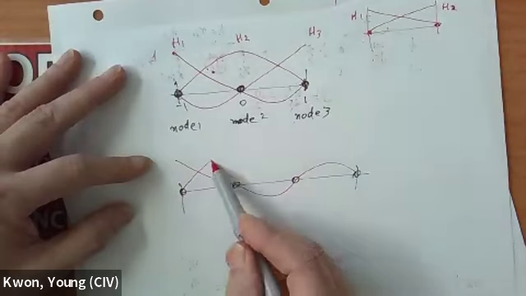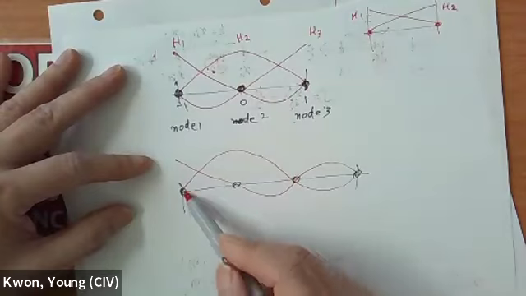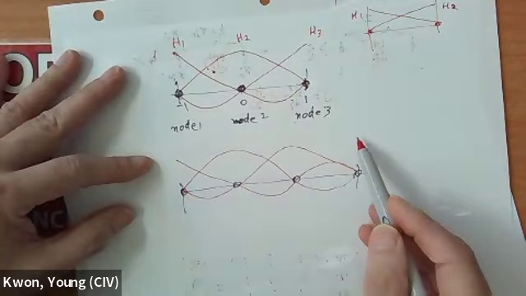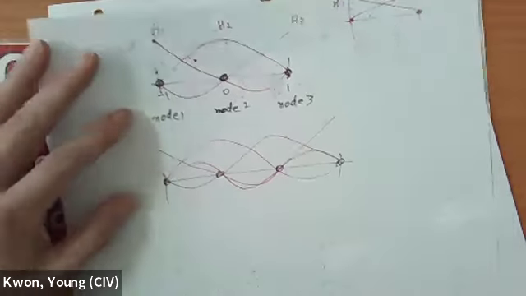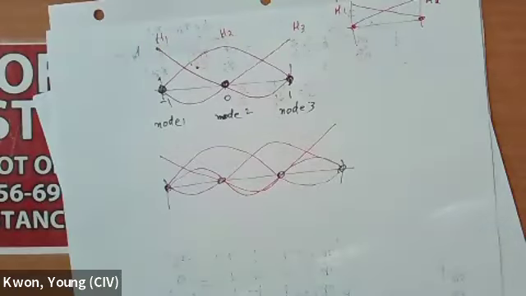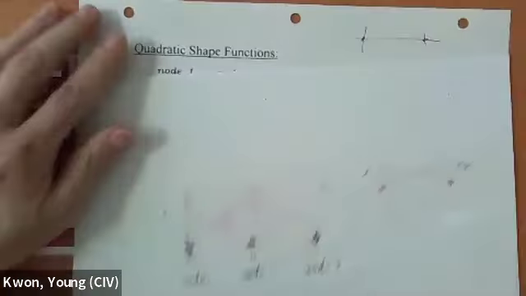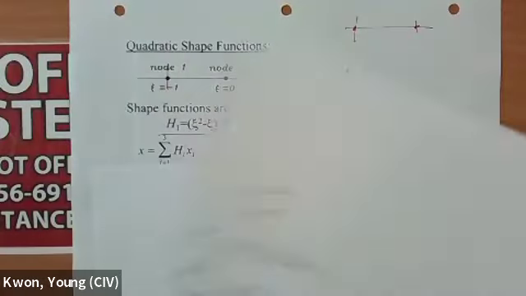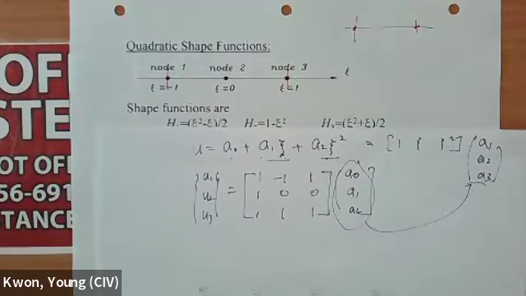And H2 has to be like this. And H3 has to be like that. And H4 has to be like that. Okay, so one way to develop this shape function is by knowing this property, without going through this tedious process. This is a little tedious. I mean, it's exact, but you know, some calculation.